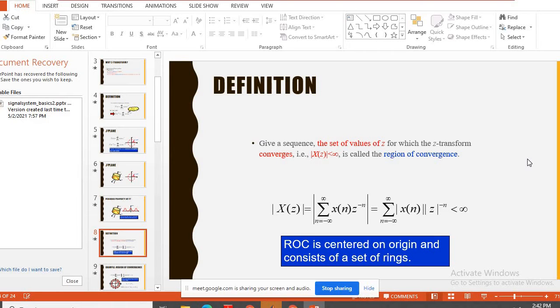It is a finite value, some number which is finite. So that particular region, those values for which it produces a finite answer, corresponds to the region of convergence.